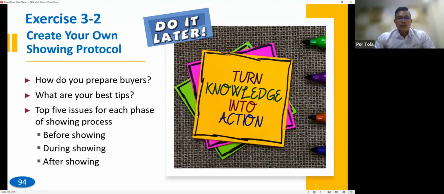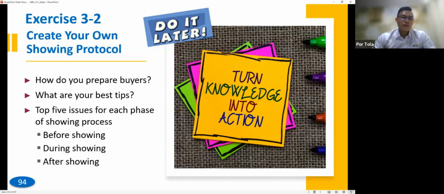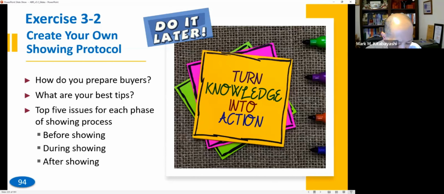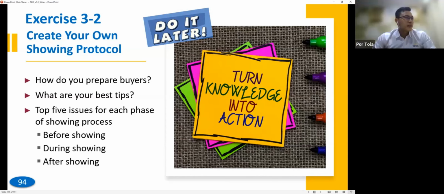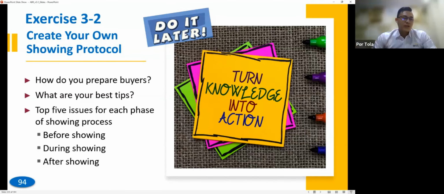Then when they are interested, we have to arrange a date with the landlord or the seller first, because we cannot access the house without the seller at the location.